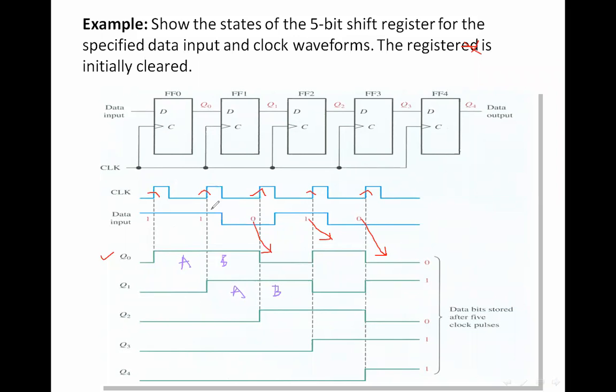So it is shifted by 1 clock pulse. Okay, so the whole cycle. Instead of this starting here, after the next clock pulse, you can see that the data is getting shifted.